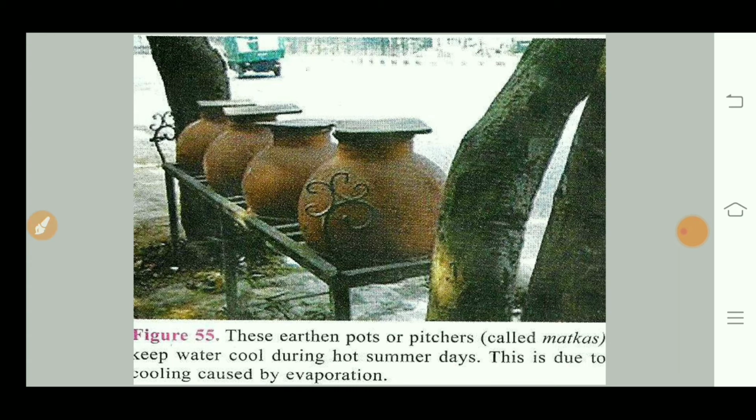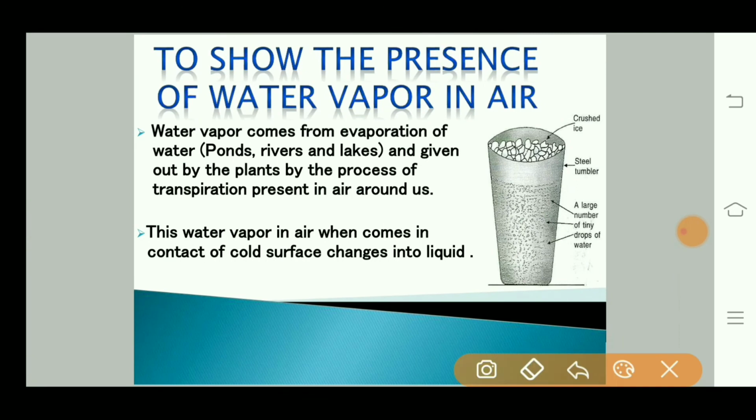We have another example, that is, we should wear cotton clothes on hot summer days. Students, the next topic we have is the presence of water vapor in air. Water vapor comes from evaporation of water of ponds, rivers, lakes, and is also given out by the process of transpiration by plants, mixed in air. The presence of this vapor in air, with the help of an experiment we can show it.